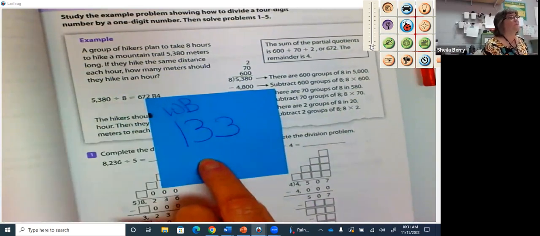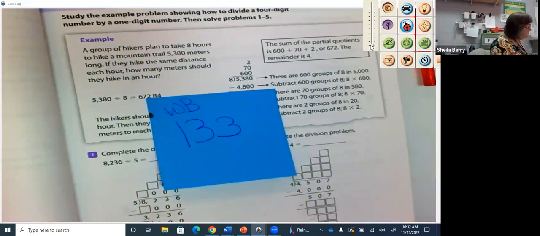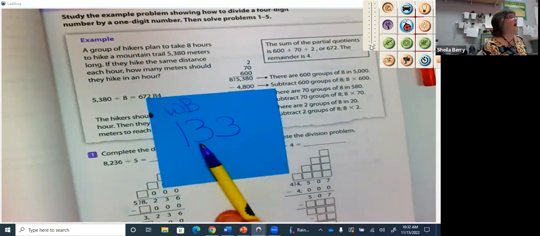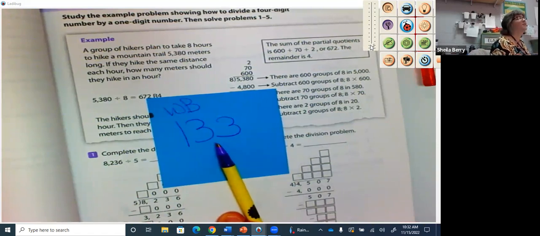Just leave it open. Okay, I'm gonna give you just a moment. Don't tear it out. Just open up to 133.